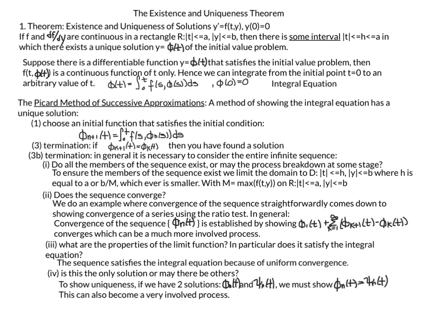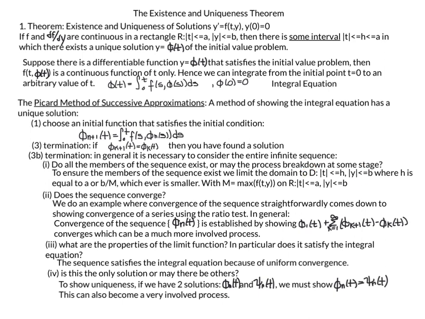I will summarize them and give you the option at the end of the video to follow some of them more closely. But anyway, the three questions we have: first, do all members of the sequence exist, or may the Picard method of successive approximation break down at some point? The answer is it can break down. To ensure that it doesn't break down and that members of the sequence exist, we're going to limit our domain. Initially, f and df/dy are continuous on this rectangle, so our domain is going to be a small portion of that rectangle.